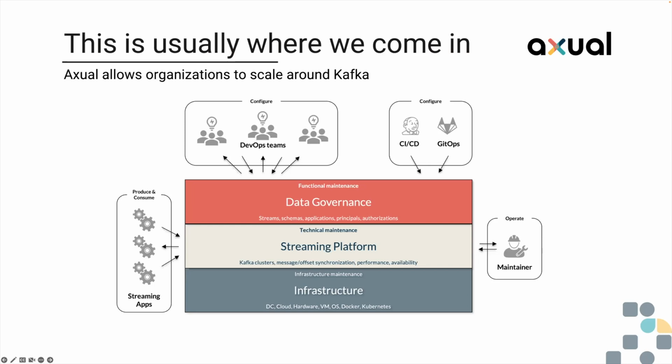There's a fully functional API that allows CI/CD pipelines to change any data in the data governance layer. And there's also a Terraform provider with which you can have your own definitions in your own team Git repository. Terraform will then deploy it for you into the data governance layer, and from there it will be deployed further down to Kafka.